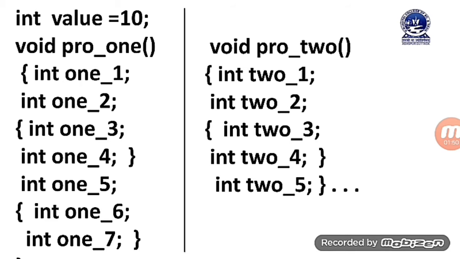Then the void pro 2 procedure. In the void pro 2 procedure, I have used int 2_1 and int 2_2. Then I have used another inner block. Inside the inner block, int 2_3 and int 2_4.